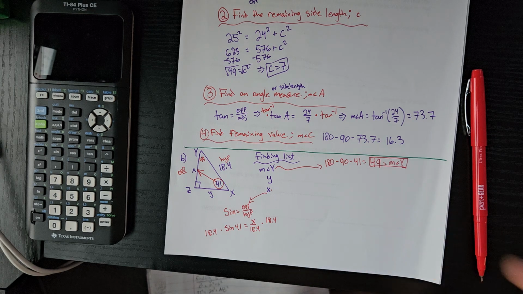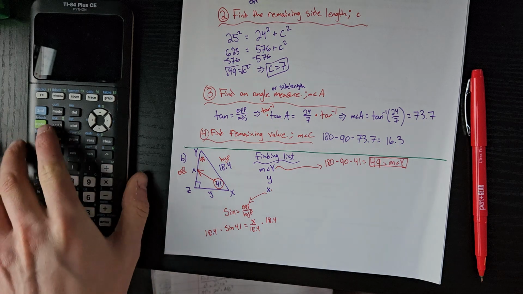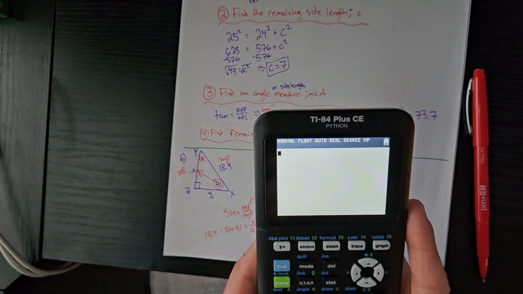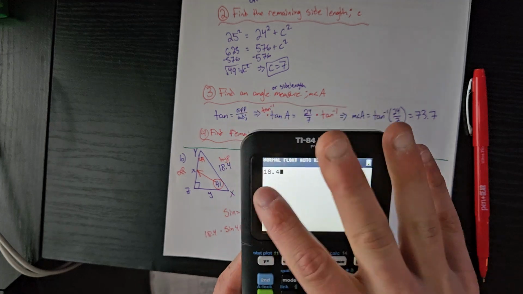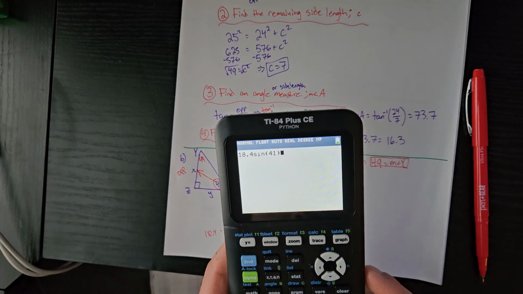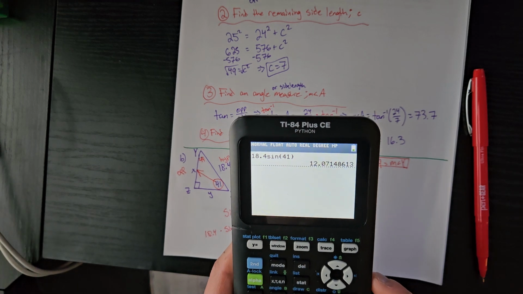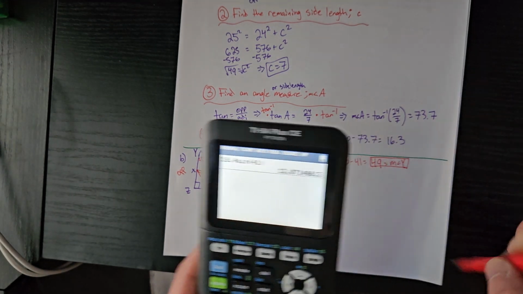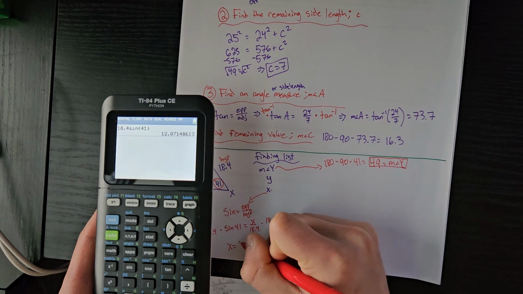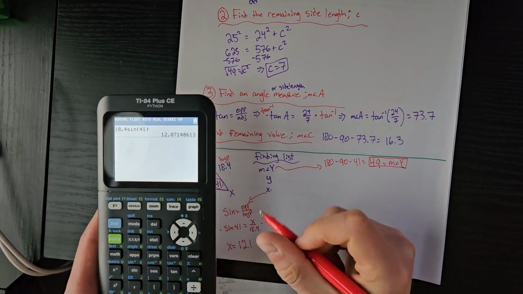You need to keep in mind that the inverse trig functions only work for finding angle measures, not for finding side lengths. I can even demonstrate this after I get the right answer. So 18.4 times sine of 41 is going to give me 12.07. So x will equal 12.1 because I'm going to round up.